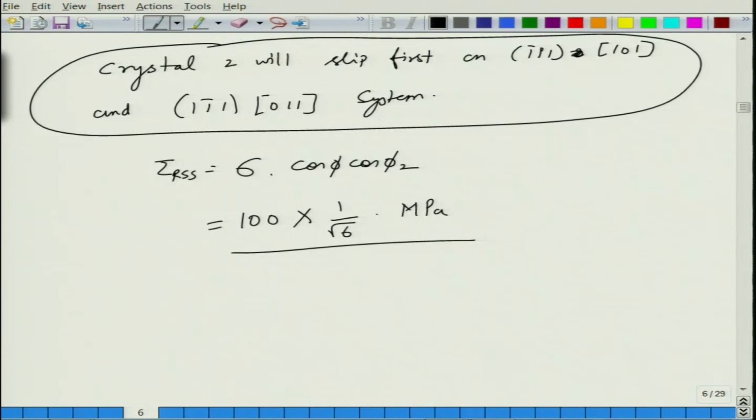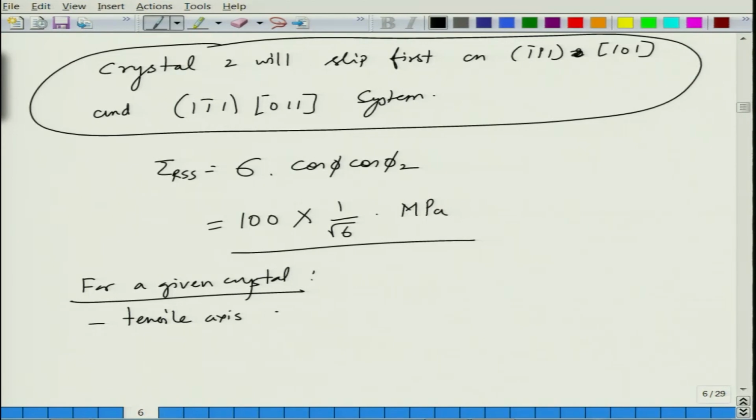So, essentially the procedure is, for a given crystal, you need to first work out what the tensile axis direction is, u v w, let us say u t, v t, w t.